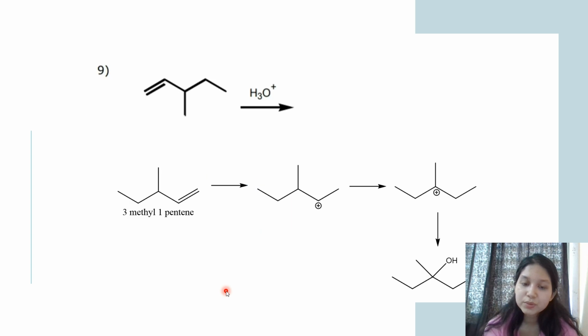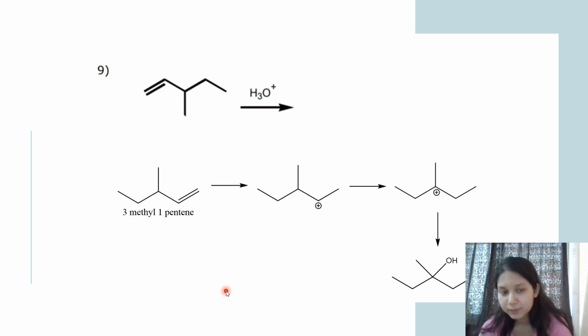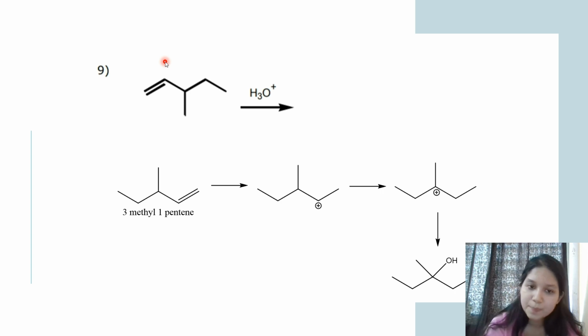So moving to question number 9, a similar example we have discussed in presence of HCl. Now you have only an acidic medium. So you have to answer what happens in presence of acidic medium to this molecule.